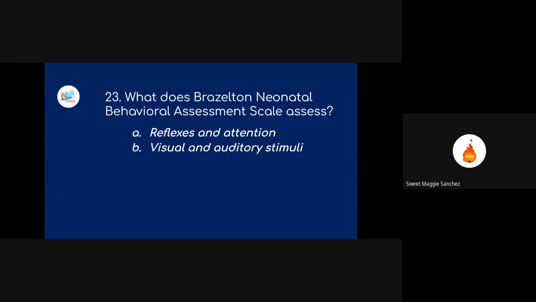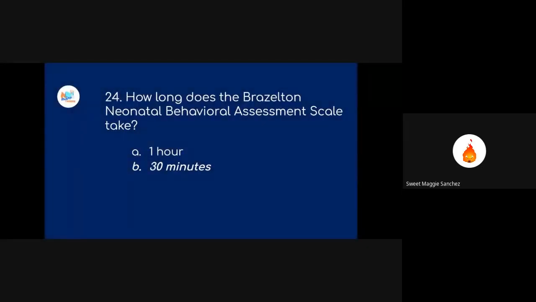If you're near a kid, they will sense it. They might even cry because it's noisy. If a kid doesn't react at all, you can say there are possibilities that they are deaf. So, question 24. How long does the Brazelton neonatal behavioral assessment scale take? It doesn't take that much. Usually, only 30 minutes.